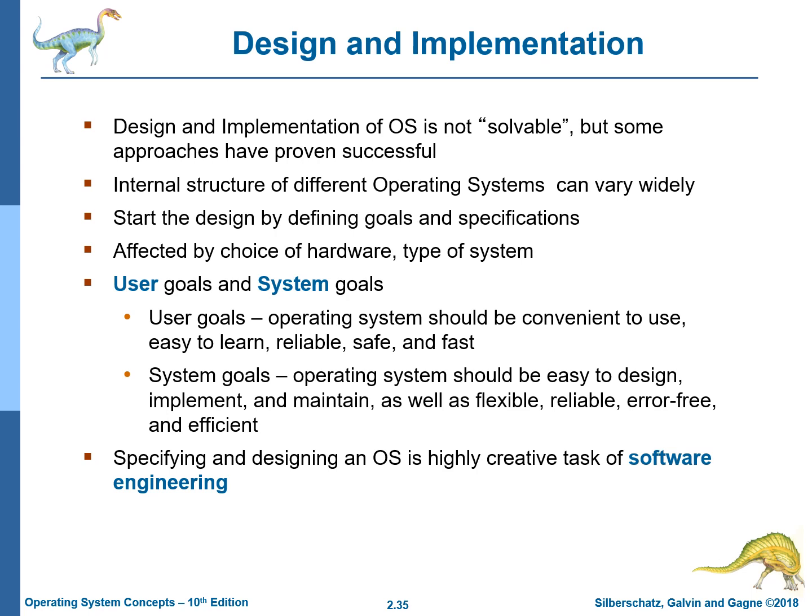User goals: the operating system should be convenient to use, easy to learn, reliable, safe, and fast. System goals: the operating system should be easy to design, implement, and maintain, as well as flexible, reliable, error-free, and efficient. Specifying and designing an operating system is a highly creative task of software engineering.